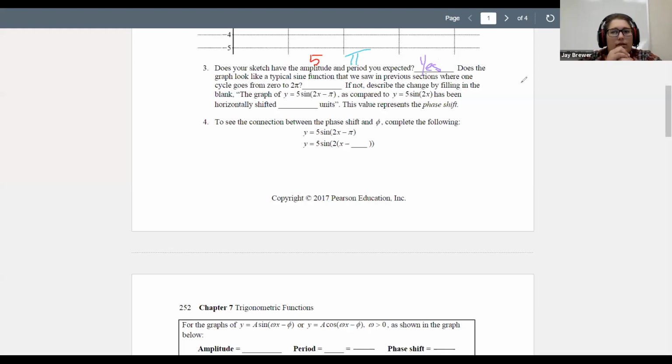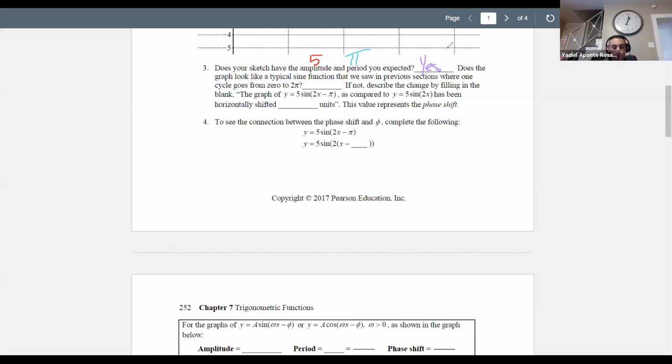Okay. Does the graph look like a typical sine function that we saw from the previous sections where one cycle goes from 0 to 2 pi? What do you notice about that cycle? What does your cycle relate to? To the period.